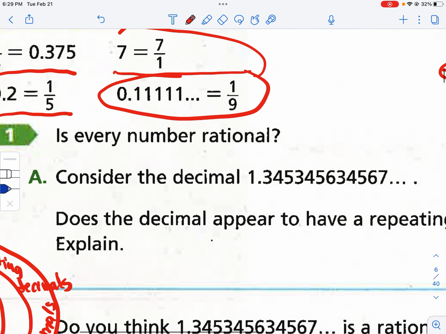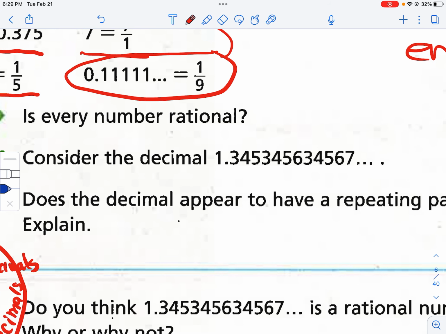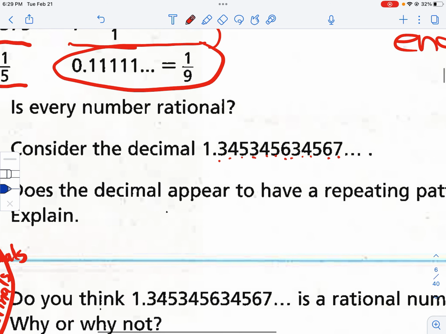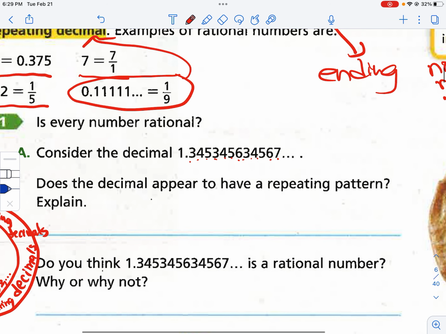Okay, is every number rational? Consider this decimal. Does it repeat anywhere? 3, 4, 5, 3, 4, 5. But then it changes to 6, 3, 4, 5, 6, 7. So it doesn't repeat. So it says, does the decimal appear to have a repeating pattern?